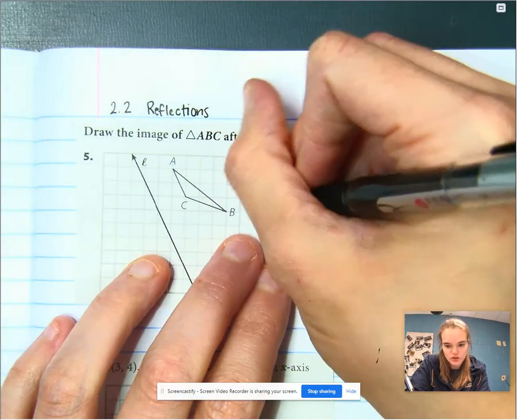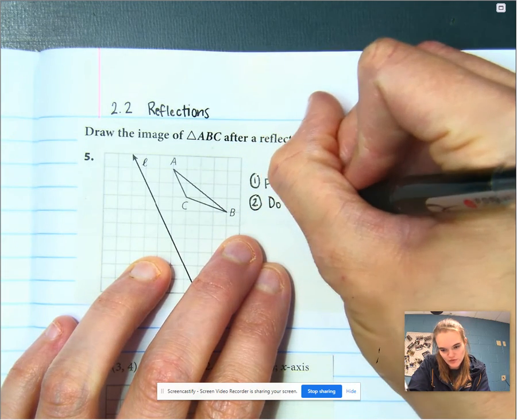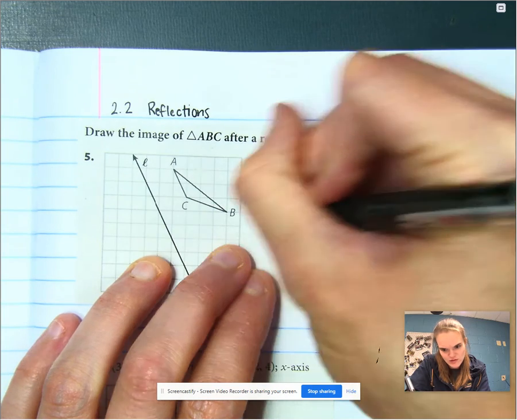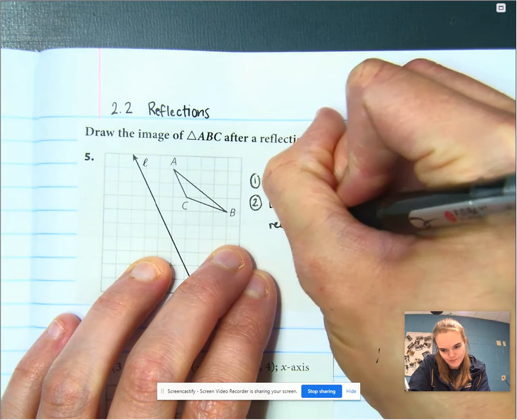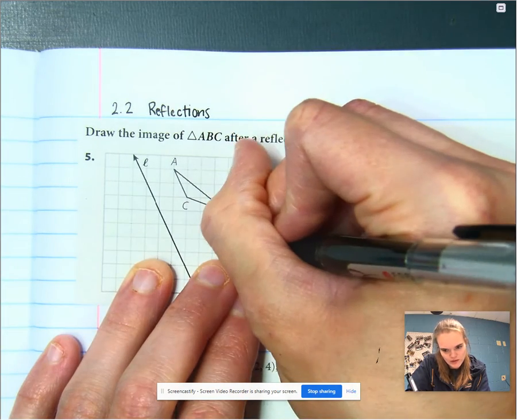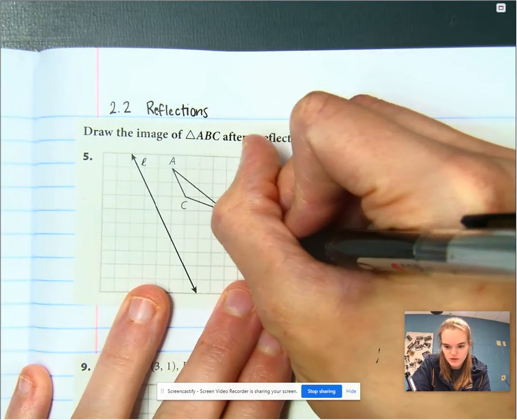Then we are going to find the opposite reciprocal. Three, we're going to draw the image.